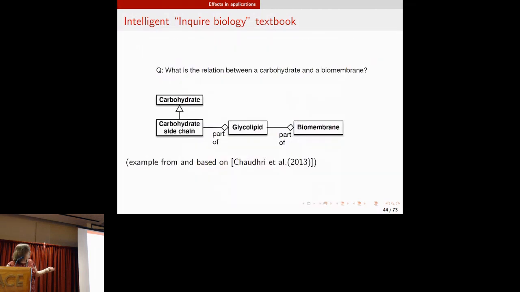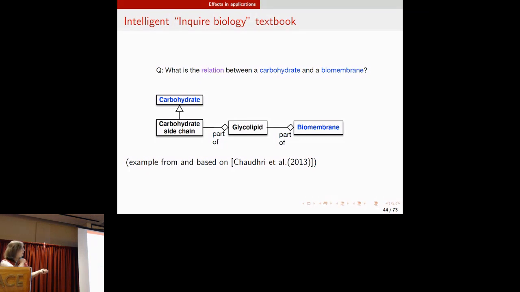So an example here, also from that paper, that I redesigned a little bit to make it look pretty, is, for instance, you see here a little section of that ontology. And you can then generate the question based on the knowledge represented. What is the relation between a carbohydrate and a biomembrane? Those terms come straight from our ontology.